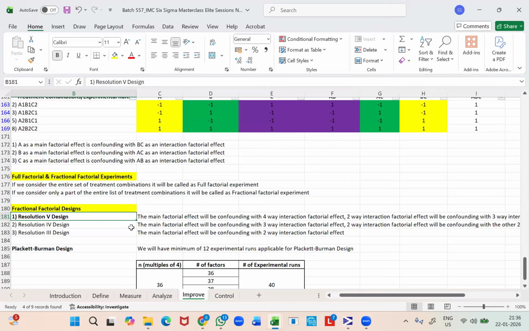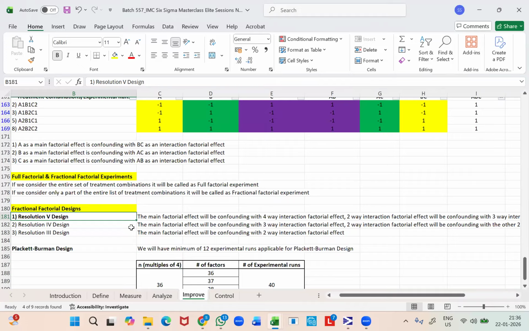Each finger will represent an experimental factor. So what are the different combinations we can actually come up with? You can separate out one finger and combine the rest of the 4 fingers. So it is like the main factorial effect will be confounding with the 4-way interaction factorial effect, right?